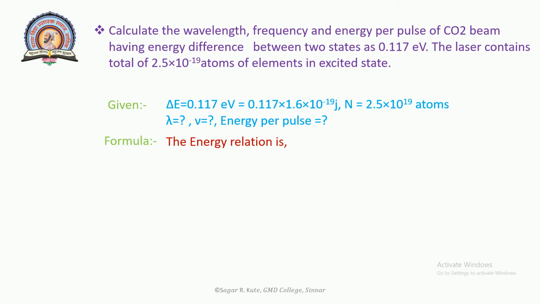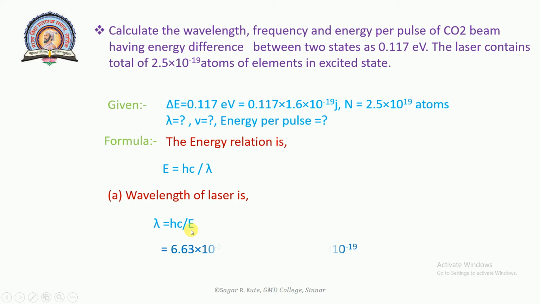Formula: the energy relation is E is equal to hc upon lambda. Now first we calculate the wavelength of the laser. Lambda is equal to hc upon E. Now put the values of hc and E: 6.63 into 10 raised to minus 34 into 3 into 10 raised to 8 upon 0.117 into 1.6 into 10 raised to minus 19.